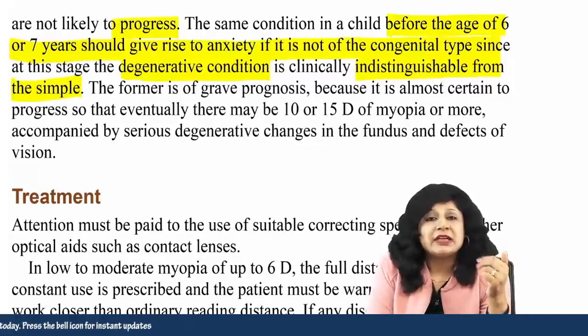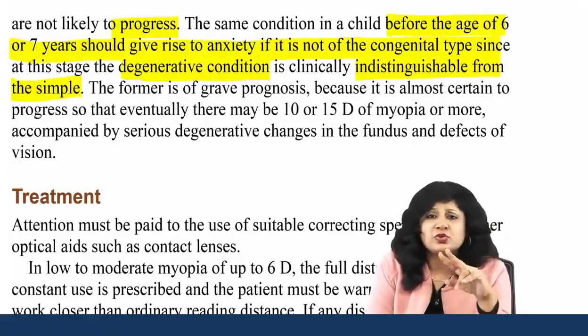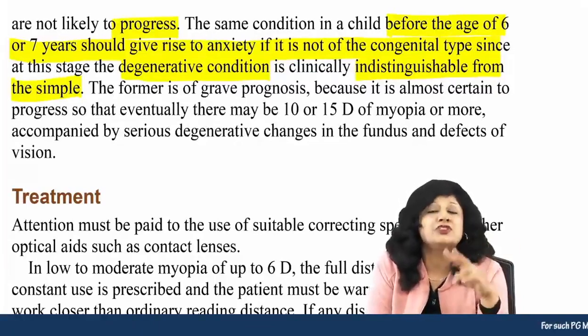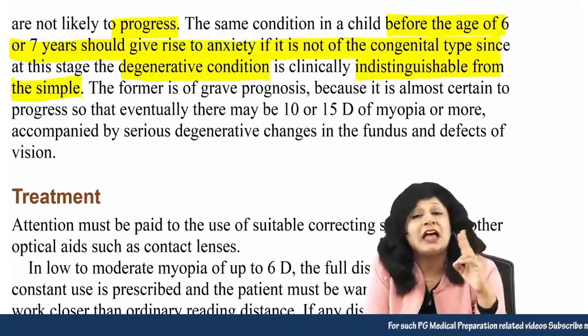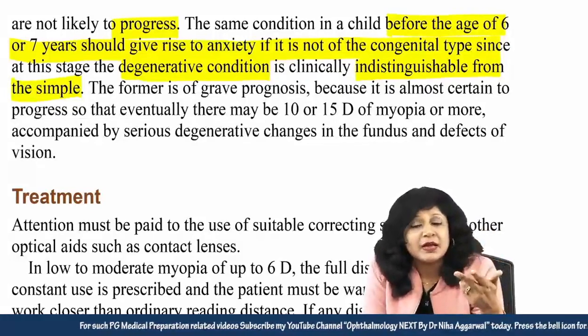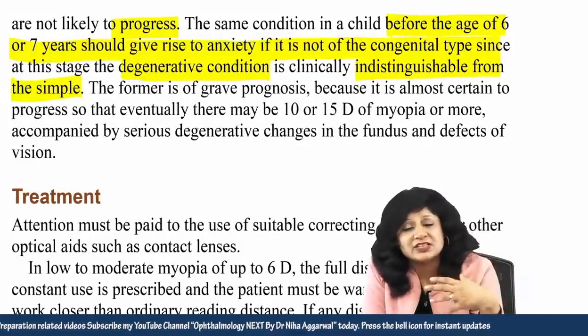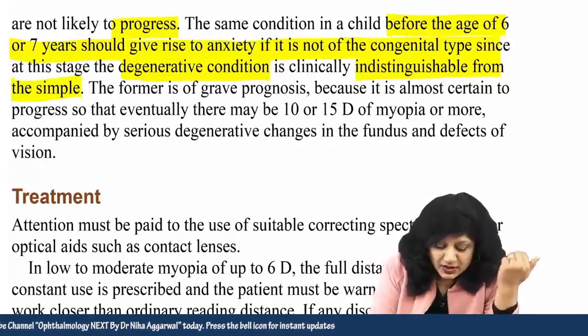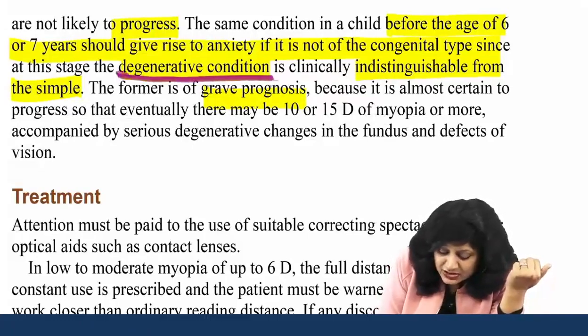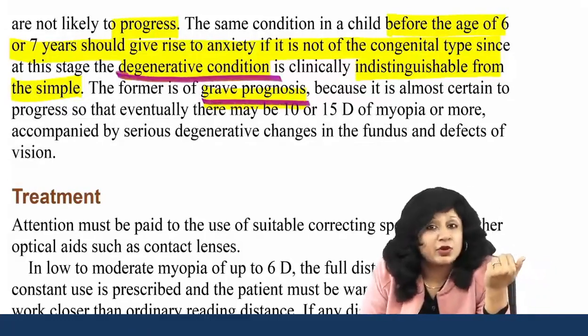Second important thing is that at this stage usually you are not able to distinguish whether it is a simple myopia or a degenerative myopia, whether or not we will have the degenerative changes, the progression, the degree of myopia, the floaters, the vitreous degeneration. So there are so many things. The former is of grave prognosis, means if it is a degenerative condition, then usually the prognosis is grave.